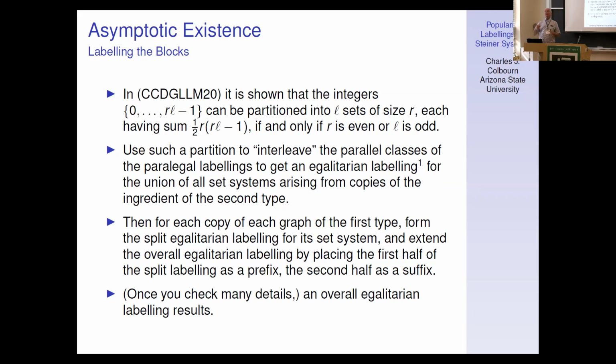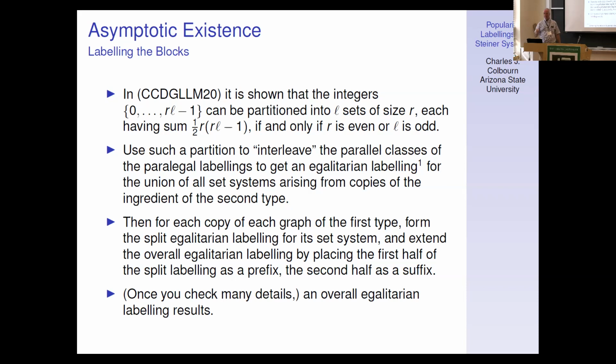And it turns out here that that is precisely what we need to take all of the copies of that second ingredient, the paralegal one, and interleave them to get an egalitarian labeling for all of the graphs of the second type. Okay. I put a footnote here because you have to be a little bit careful. I'm not guaranteeing in these intermediate things that I'm talking about set systems that have the same replication numbers anymore. So I need to be careful to make sure I have the definition of egalitarian right.